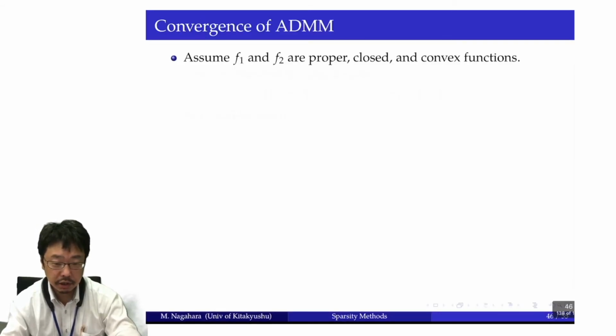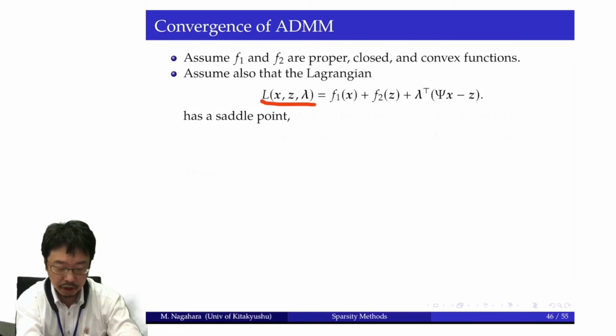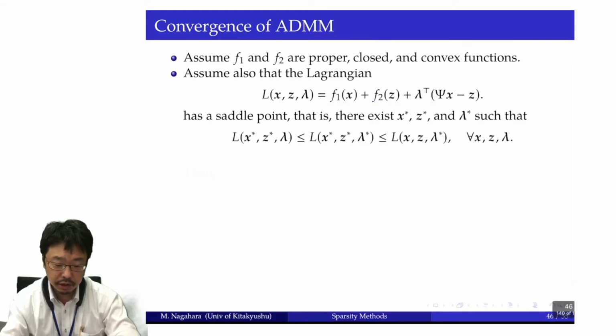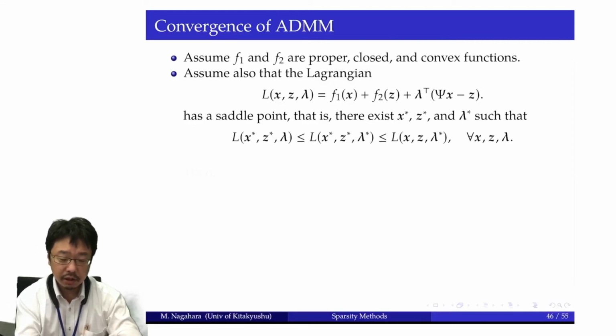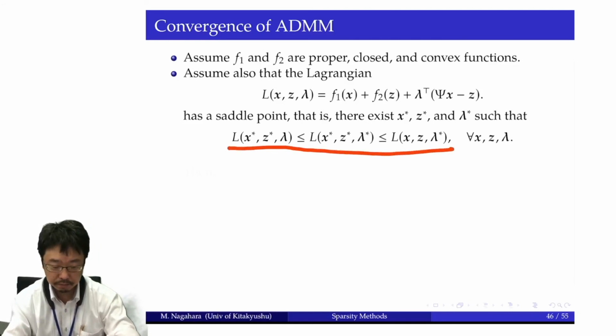We here discuss the convergence of ADMM. Assume that f1 and f2 are proper closed and convex functions. Assume also that the Lagrangian L(x, z, lambda), defined by this, has a saddle point. That is, there exist x asterisk, z asterisk, and lambda asterisk such that this inequality holds for any x, z, and lambda.